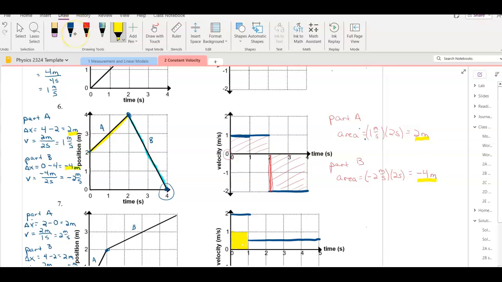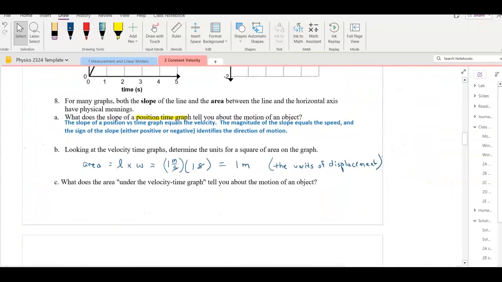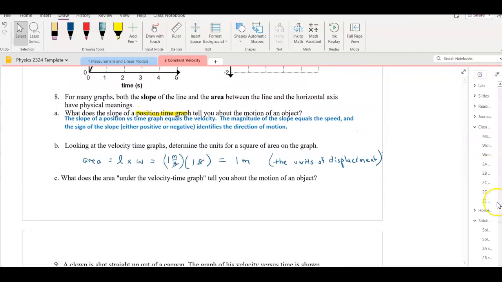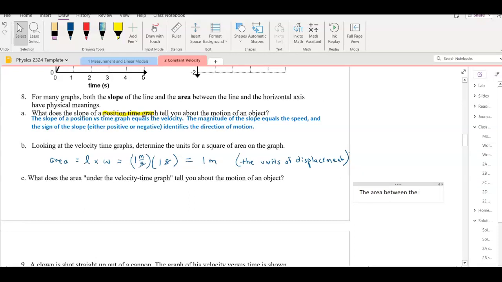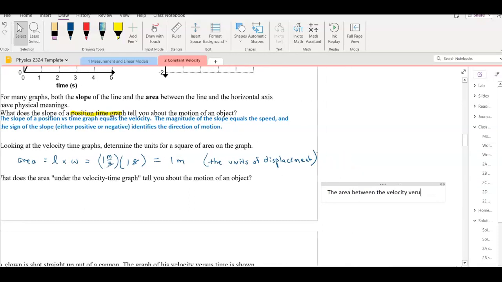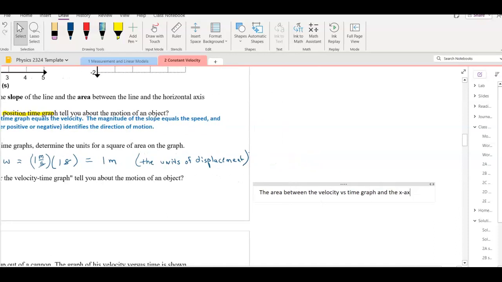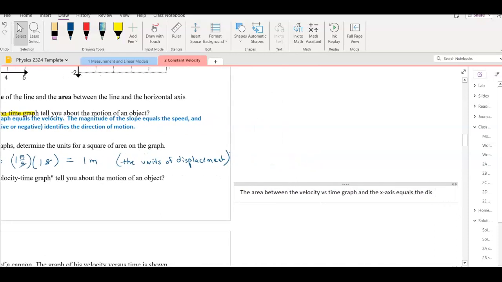And so if we kept doing this, we would find that the area always equals the displacement. And so let's summarize that by writing a statement about it. Okay, so the area between the velocity versus time graph and the x-axis equals the displacement of the object.